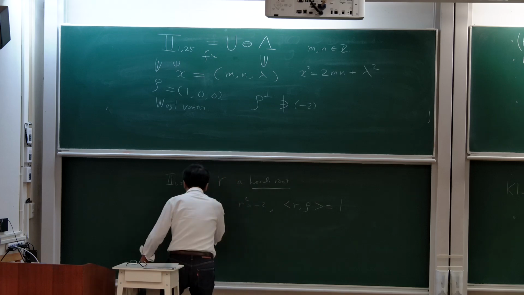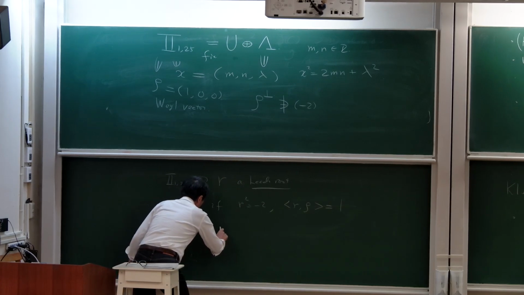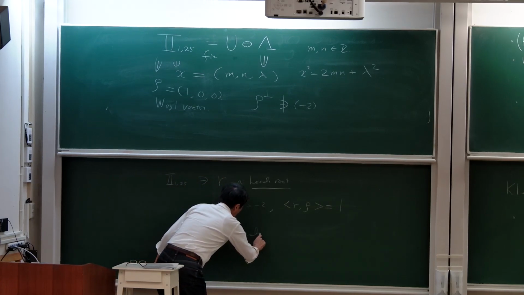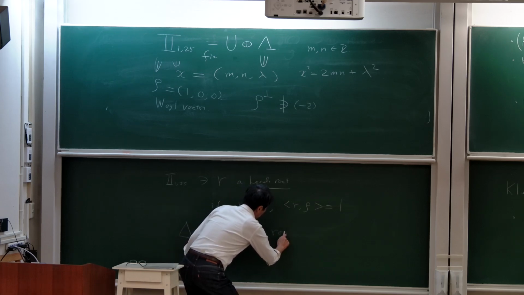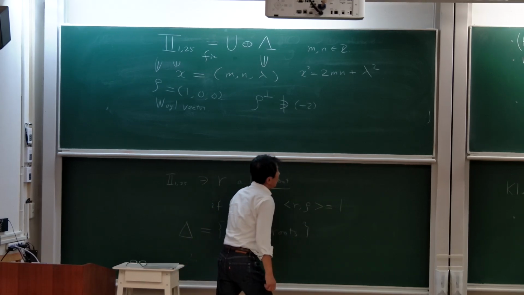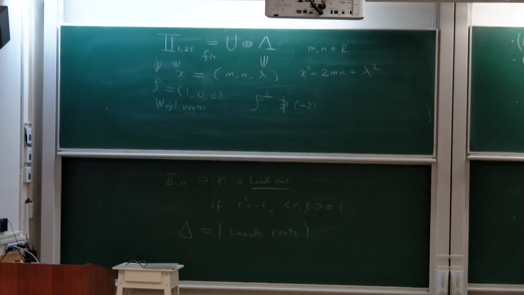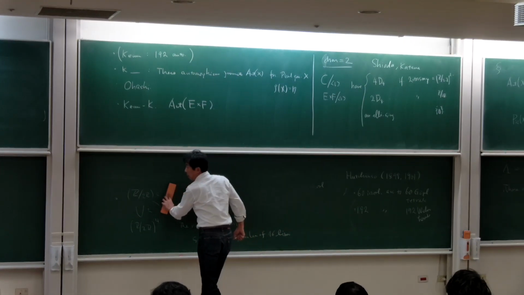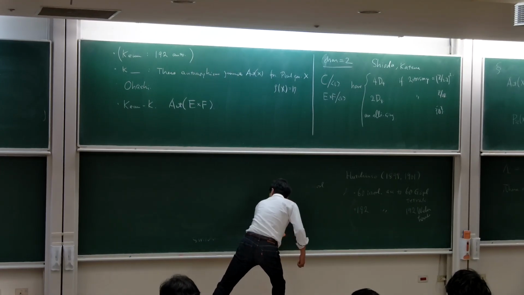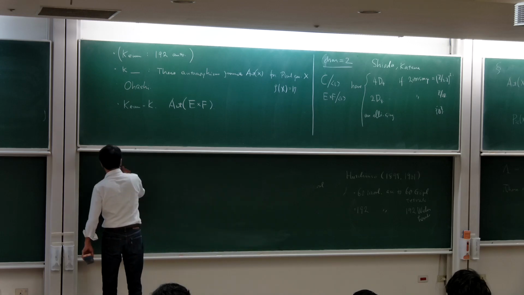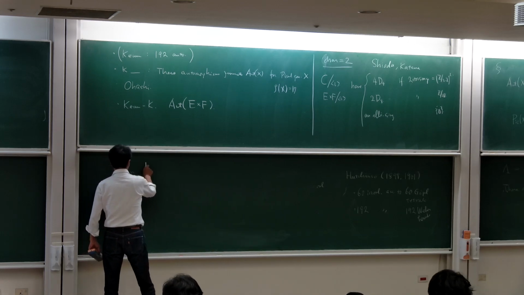And I denote by delta the set of Leech roots. And Conway's theorem is that delta is nothing but a set of simple roots, the theorem of Conway.